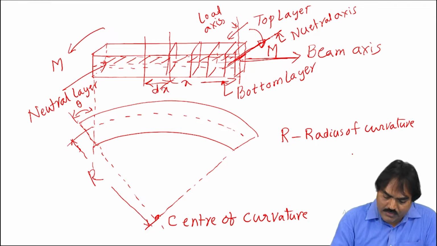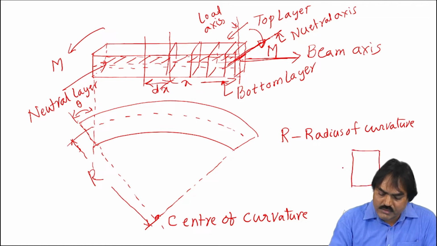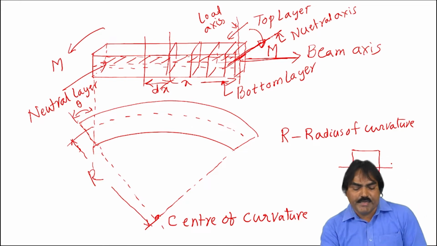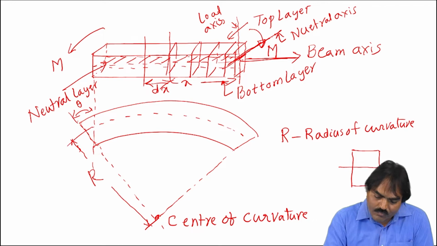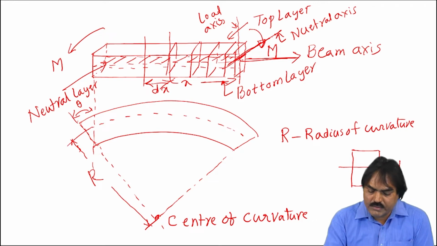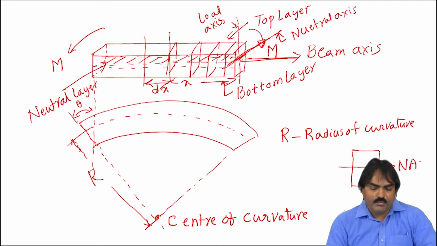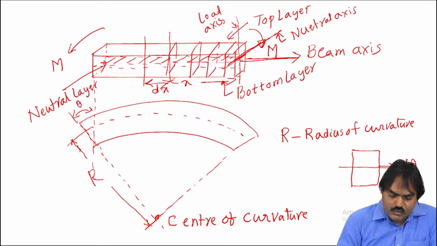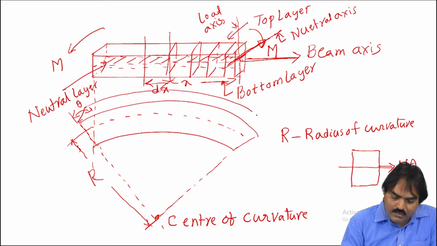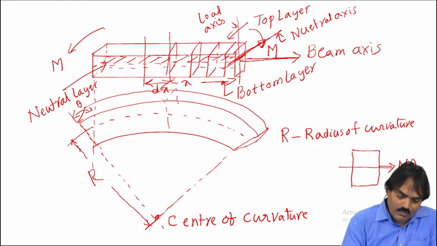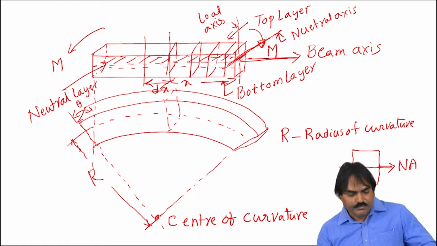Across the cross section, I will draw the cross section here. This is the cross section. So this is the neutral axis, which is perpendicular to the beam axis and load axis. Here on the cross section, when I extend this, the beam will bend like this, so the cross section will be like this.